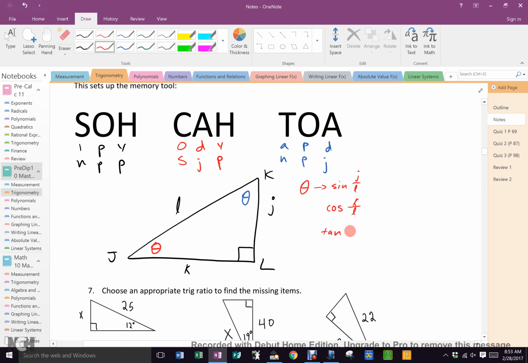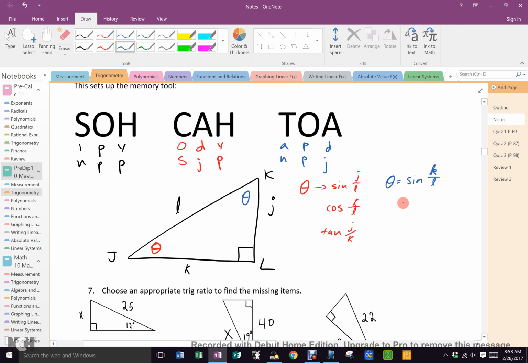And what's the tan of red theta? Little j over k, right? All right, now blue theta. What's the sine of blue theta? Little k over l.